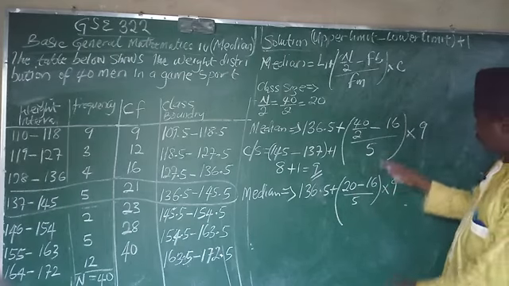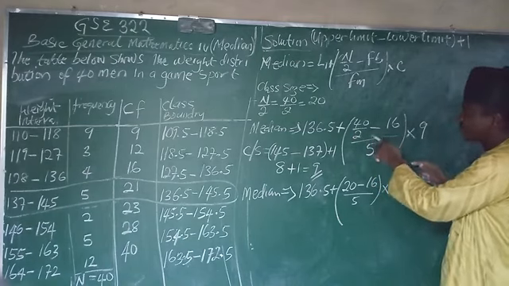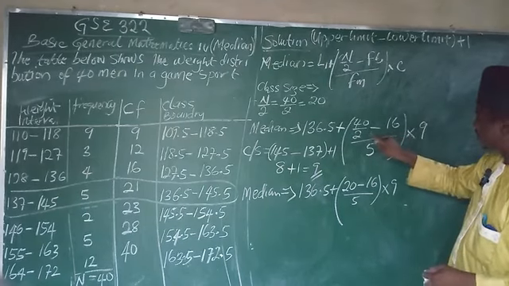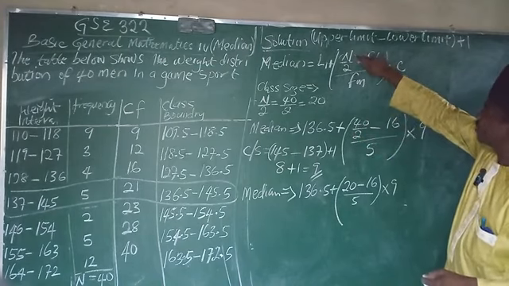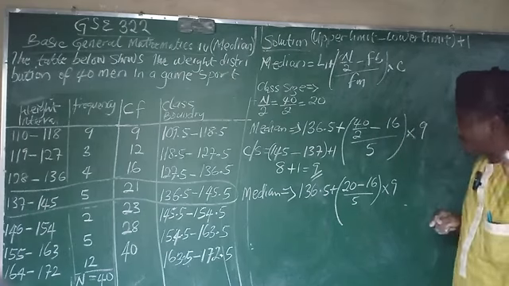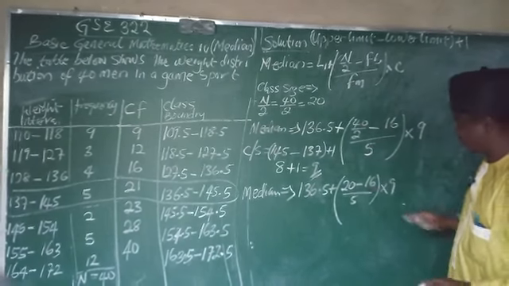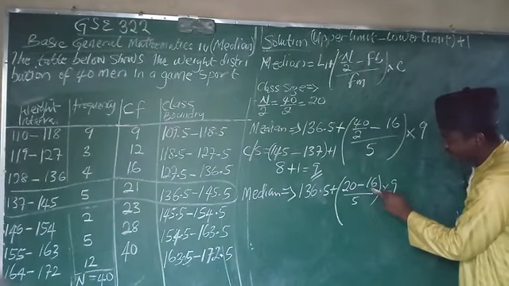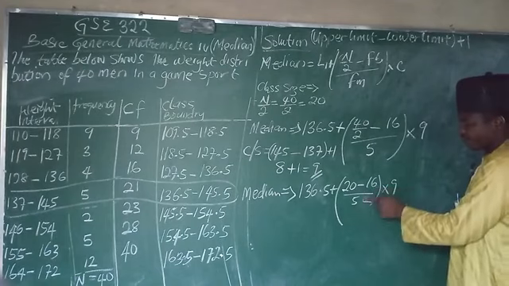Let me explain something here. Ideally, when we have something like this in mathematics, we should find the LCM. But this is a portion of the formula, n/2, and finding the LCM would change the formula, and we don't want to change the formula. So we directly divide 40 by 2, and we get 20. Now 20 minus 16 gives us 4 divided by 5.